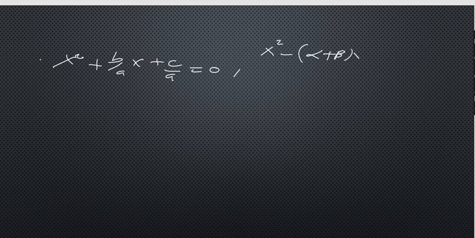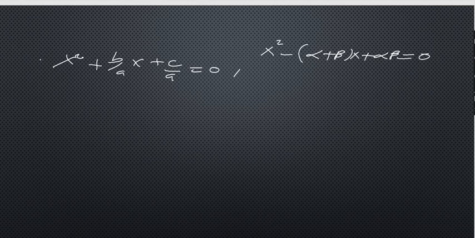So we have x squared plus b over a, x plus c over a is equal to 0. Again, we also have x squared minus (alpha plus beta) x, then plus alpha beta is equal to 0.